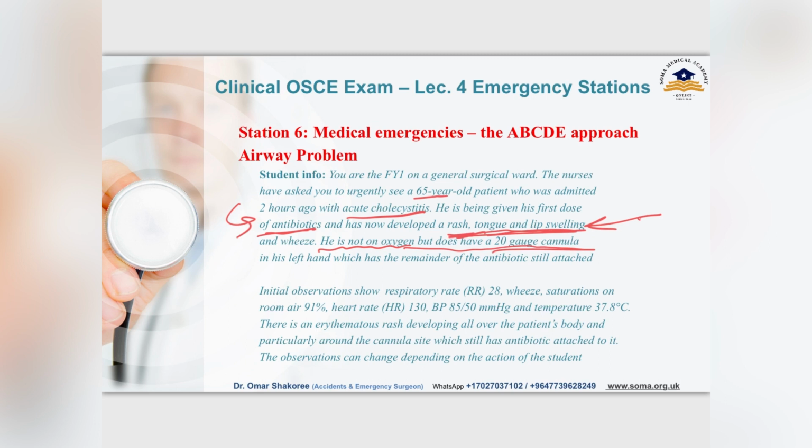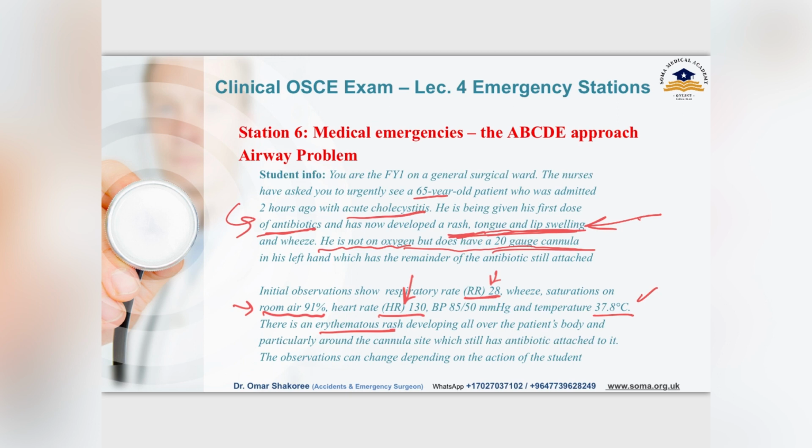Initial assessment for this patient: the respiratory rate was high, 28. The heart rate also was high, as we said, this patient has anaphylactic shock. SpO2 is starting to be low. Temperature is within normal. There is erythematous rash, particularly around the cannula.